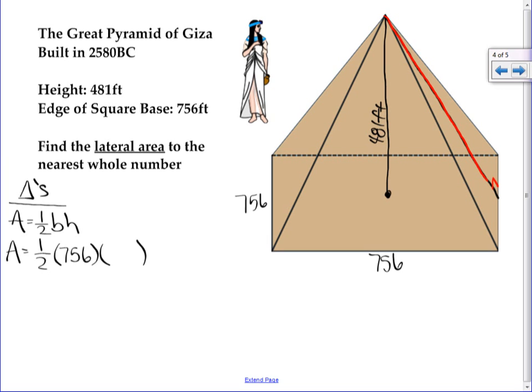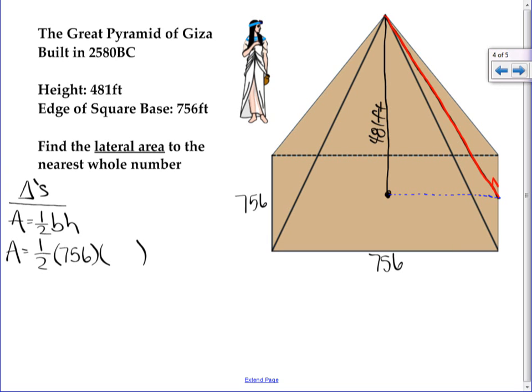Any ideas on how we could find this red line? Pythagorean. How? You draw a little line above. Like right here? How long is that blue line?